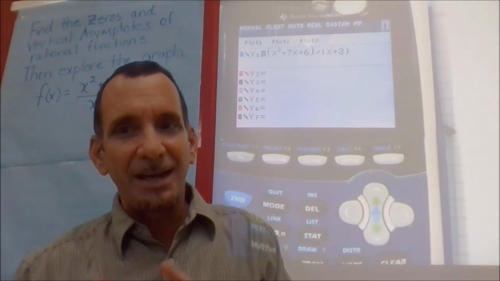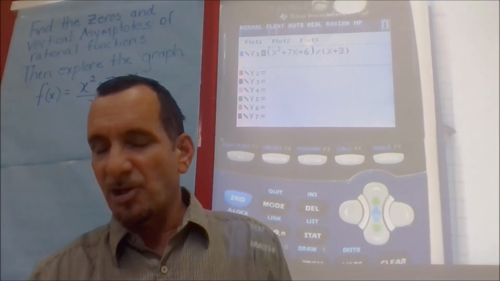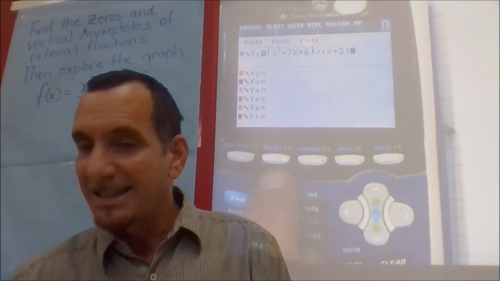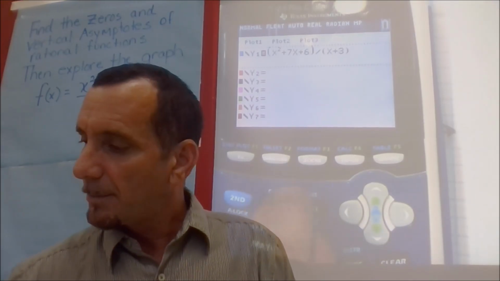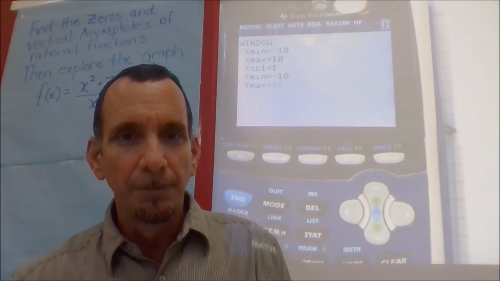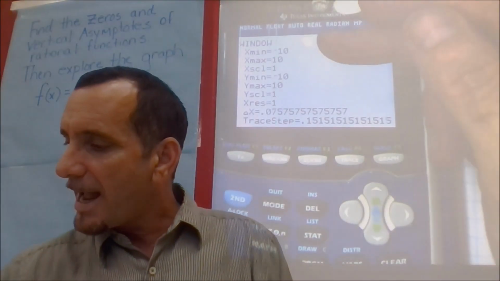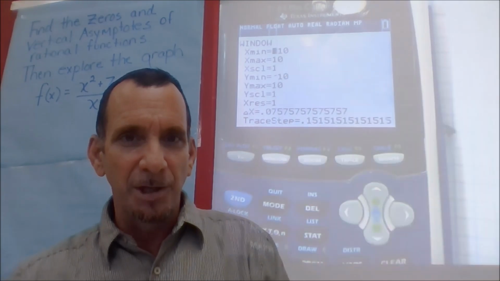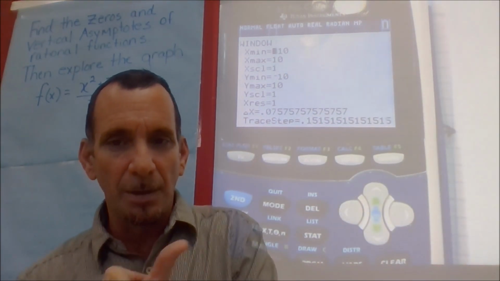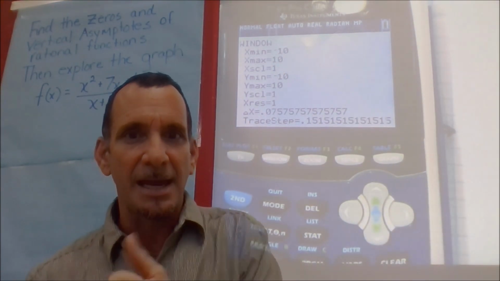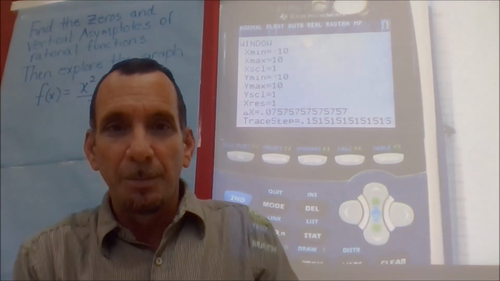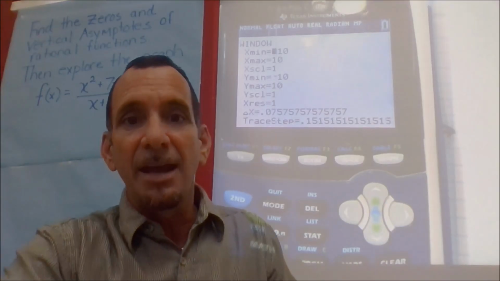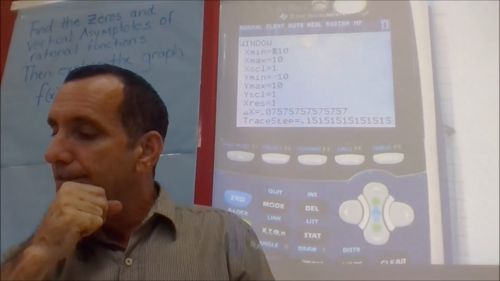But before I do that, I hate to push graph and then nothing shows up, and it's because I didn't check my window. So I'm going to check the window. My minimum x value is -10, my maximum x value is 10, and my x scale is 1.